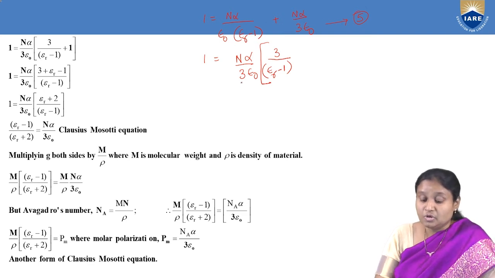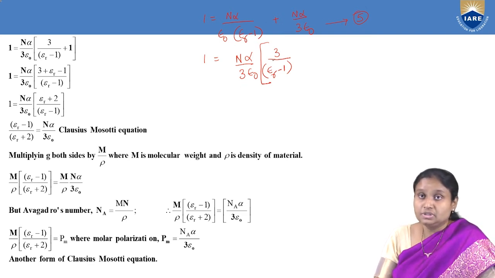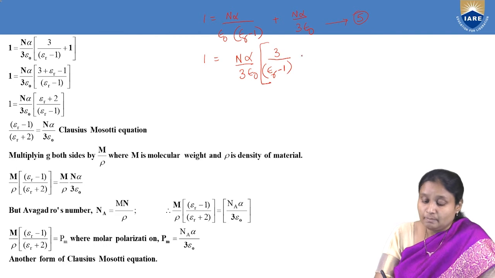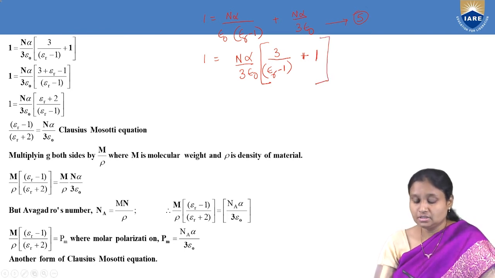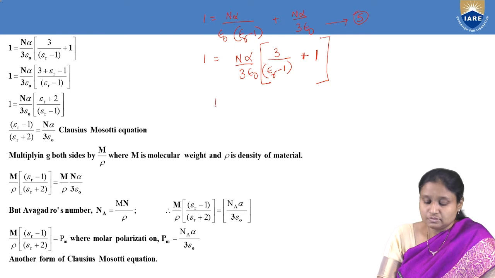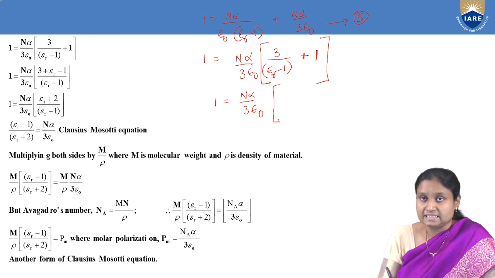So here, because we have taken 3 outside, in the numerator we have 3, divided by what is left in the denominator, epsilon r minus 1 plus, of course, because we have taken this term as it is outside, this will become plus 1, right? So now this 1 is equal to n alpha by 3 epsilon naught. Now we are going to take LCM.